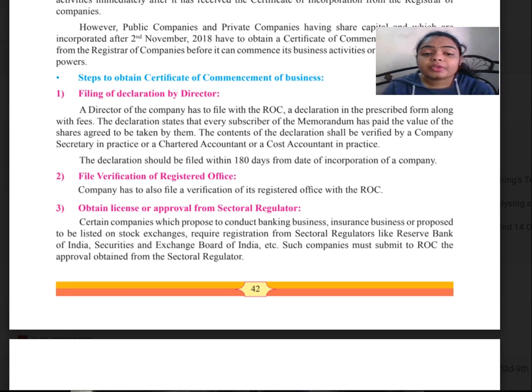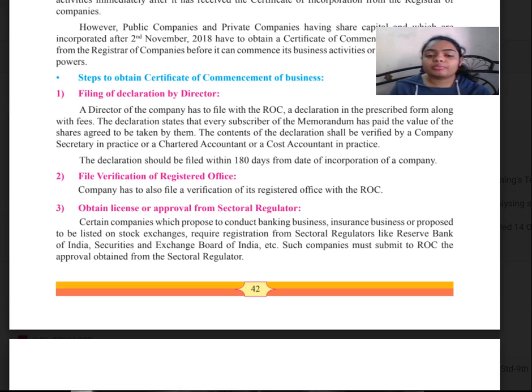sectoral regulator. So they have to obtain a license from a sectoral regulator, and those businesses who propose to conduct banking, insurance, or to be listed on a stock exchange require registration, and such companies must obtain approval and submit it to the ROC.